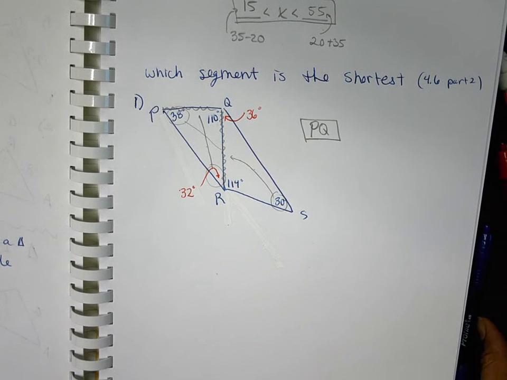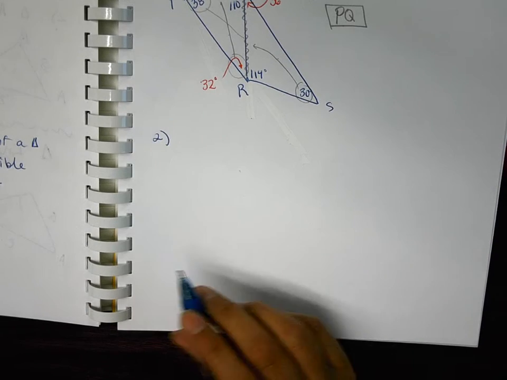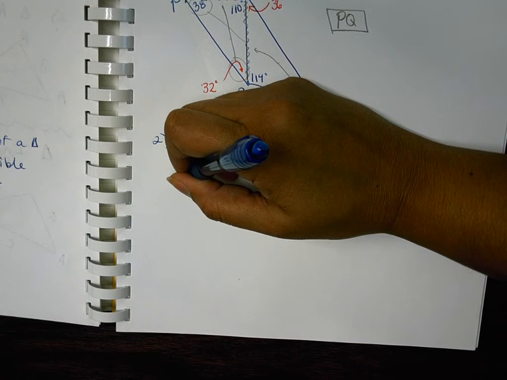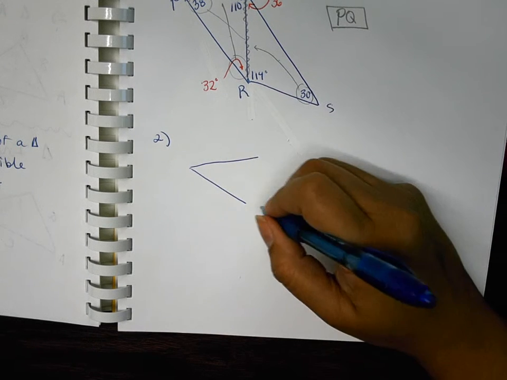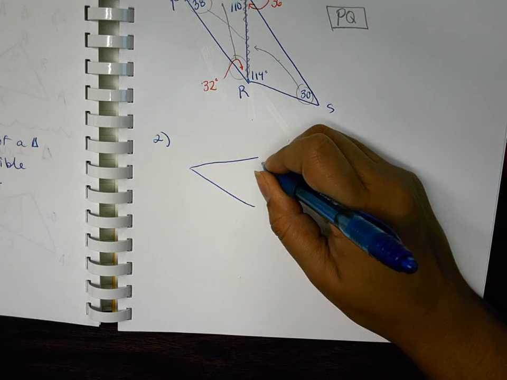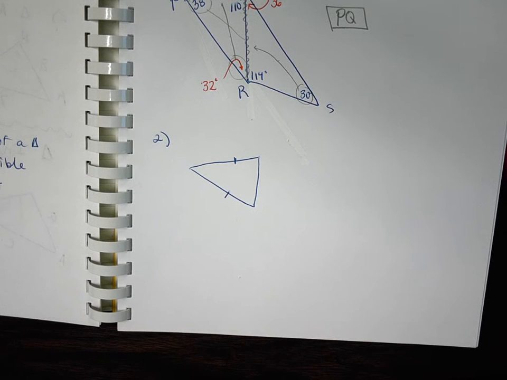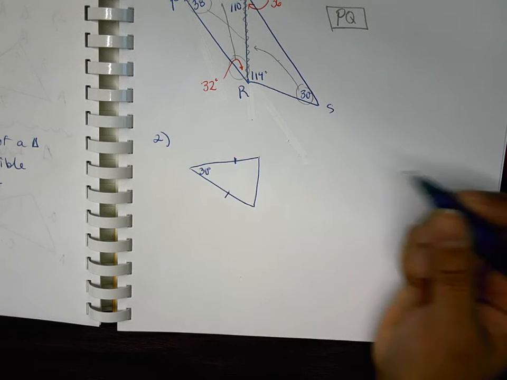Let's do another example. Number 2. Okay. What kind of triangle is that? Isosceles.